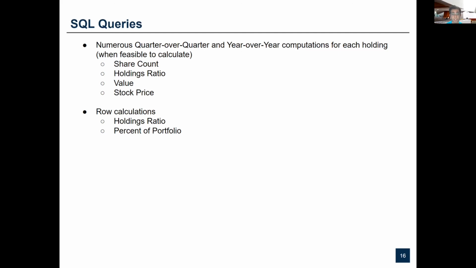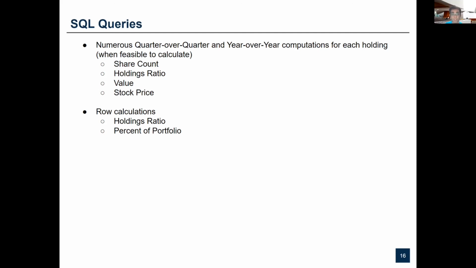So with that said, the 4 major computations we did for each quarter's data are listed here. The first being the share count. We wanted to see the change in shares that institutional investors were holding. The next would be the holdings ratio, just to see how much the outstanding shares changed with regards to how much the institutional investor was holding from those outstanding shares.